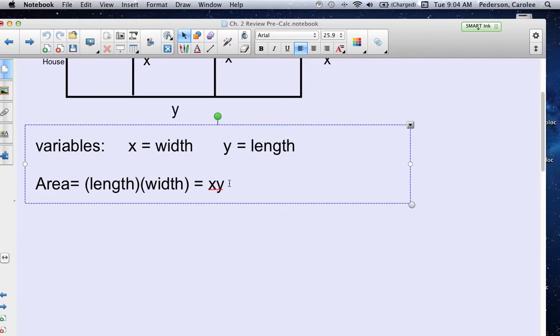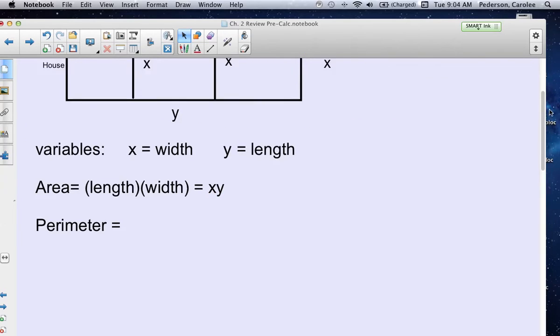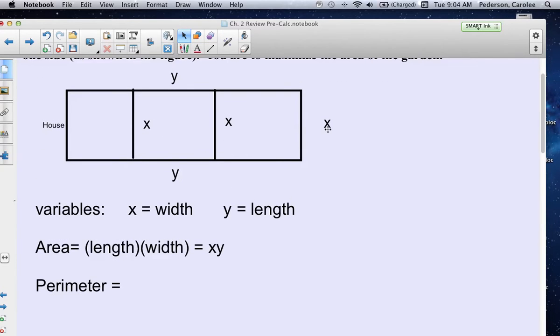So someone help me out and tell me what is the perimeter equation here. What are we going to be adding? 72, and it's going to add up the y, the x, and the x.